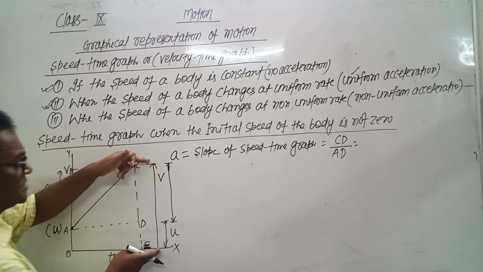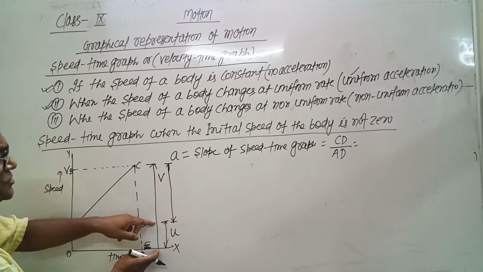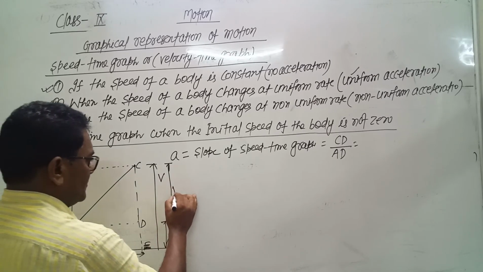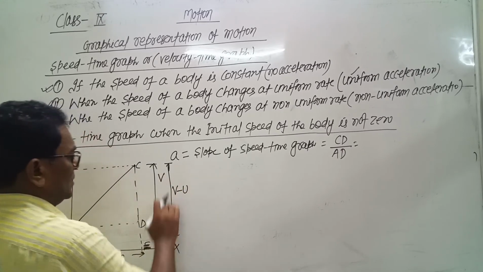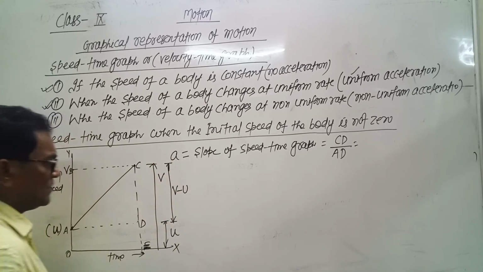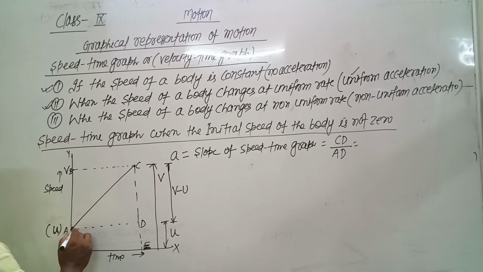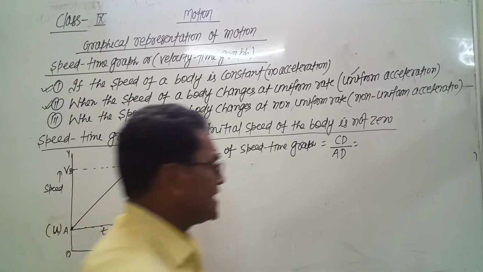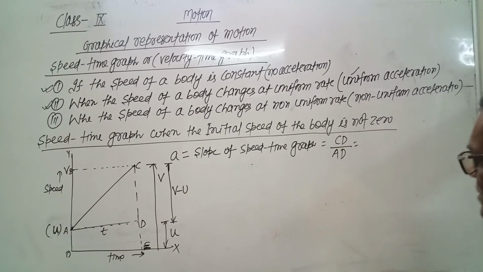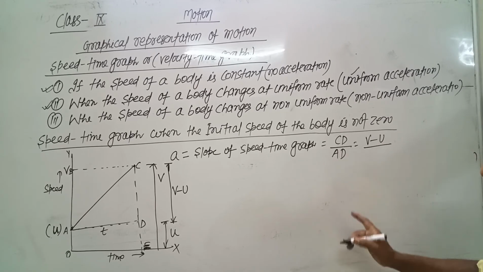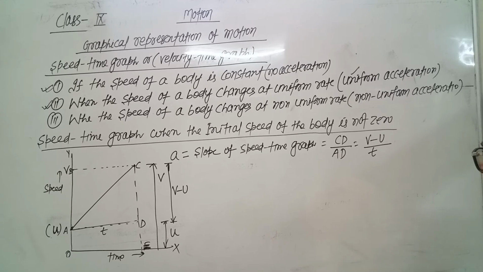If this much distance is v and this is u, then this much region will be v minus u. And this is time taken t. So CD can be written as v minus u, and AD can be written as t.